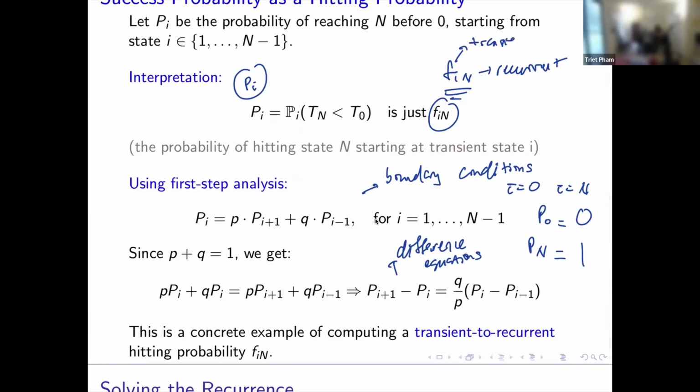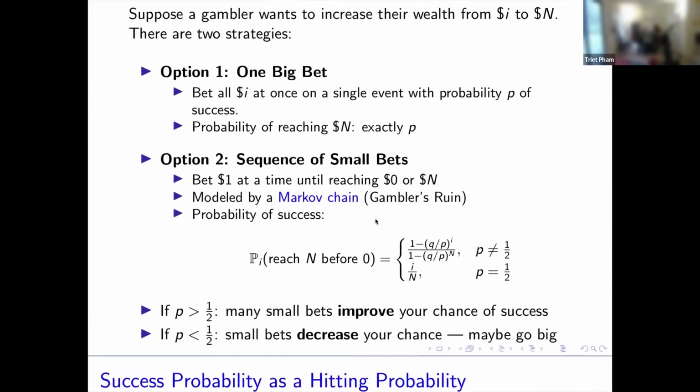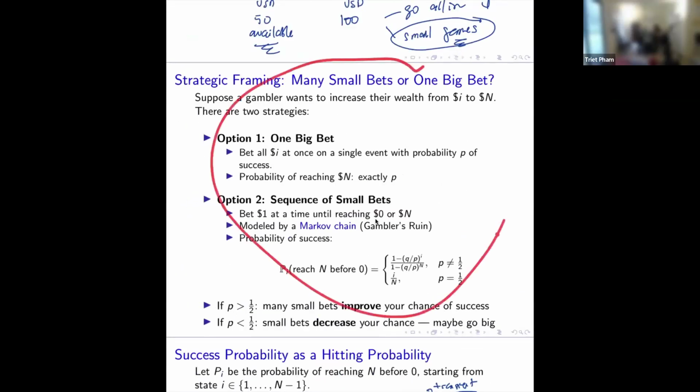That's going to be a recurring problem we'll be looking at later on. And if you're into gaming, betting and strategy, that kind of thing, then this problem showcases the difference in strategies to achieve the same goal.